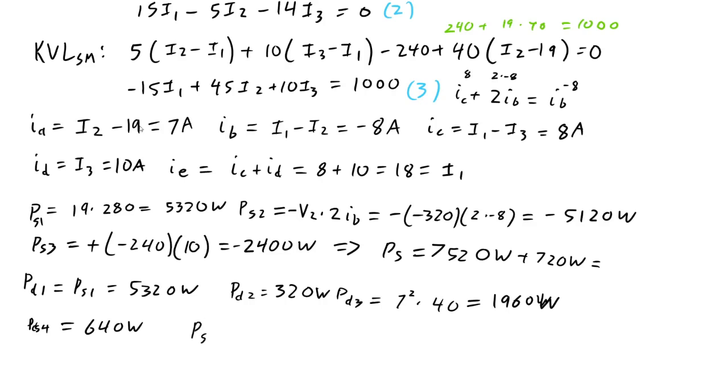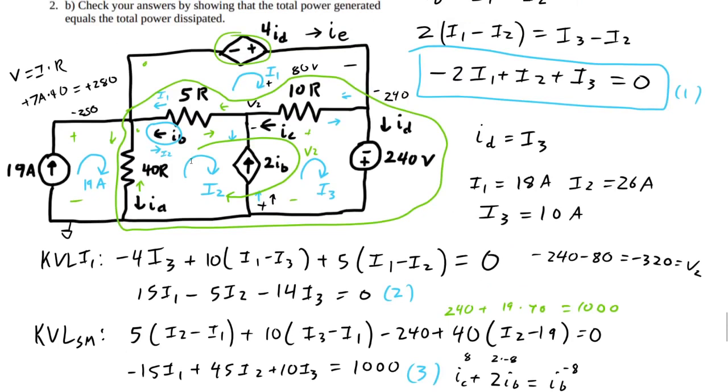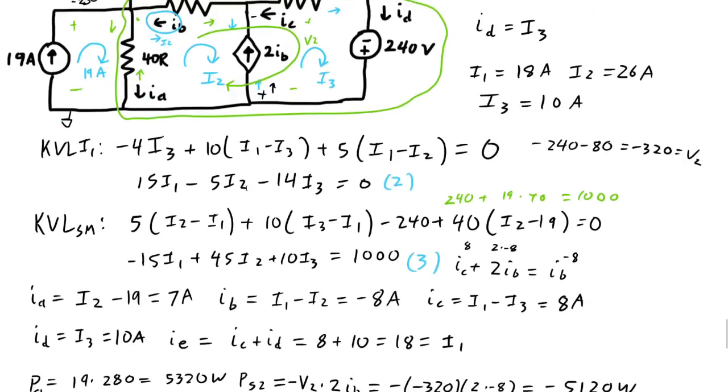So let's see, power supplied for ID. Oh yeah, it's 4 times ID, and times the current.